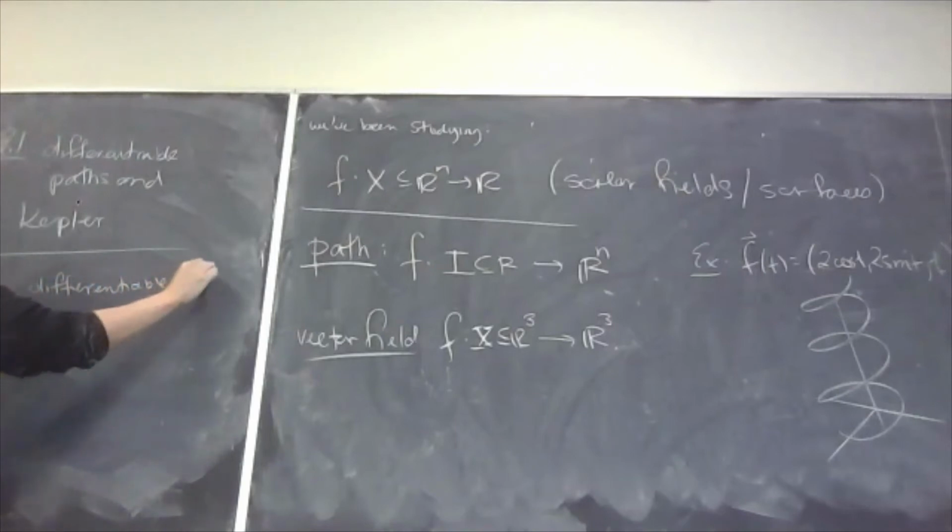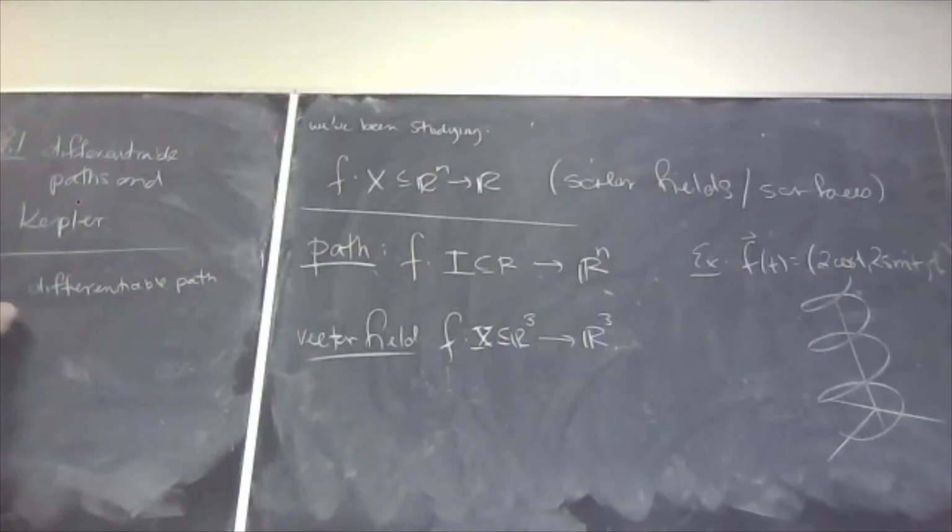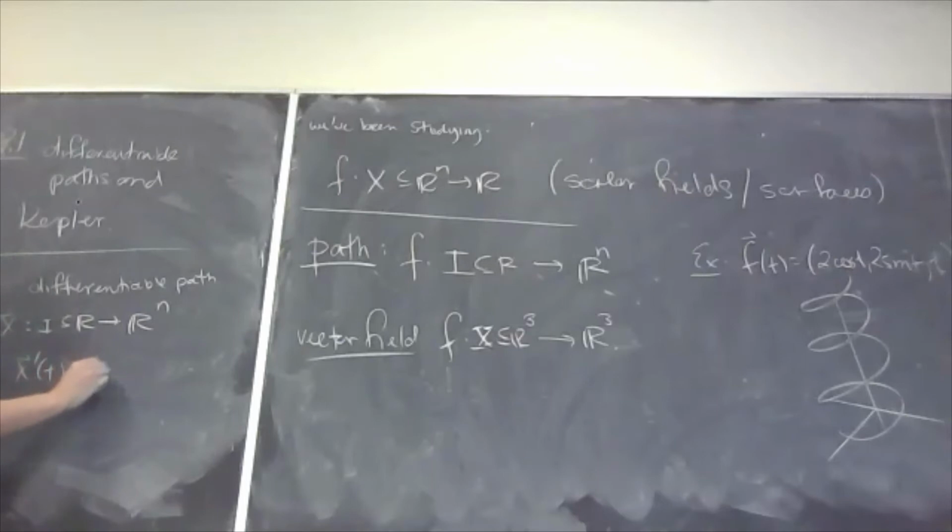A differentiable path is a function x that takes some interval I contained in R into Rn. For our specific case, we're going to be talking about paths in R3, but a differentiable path is a function x where x prime of t exists. So the derivative of the function exists.